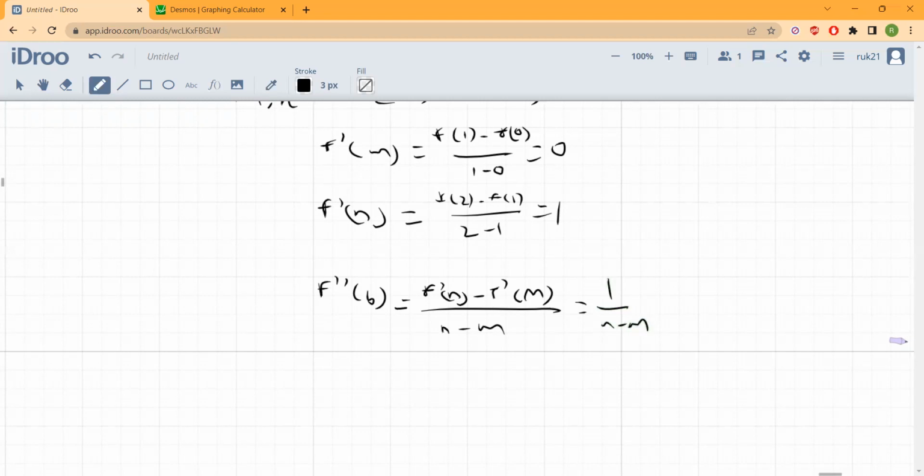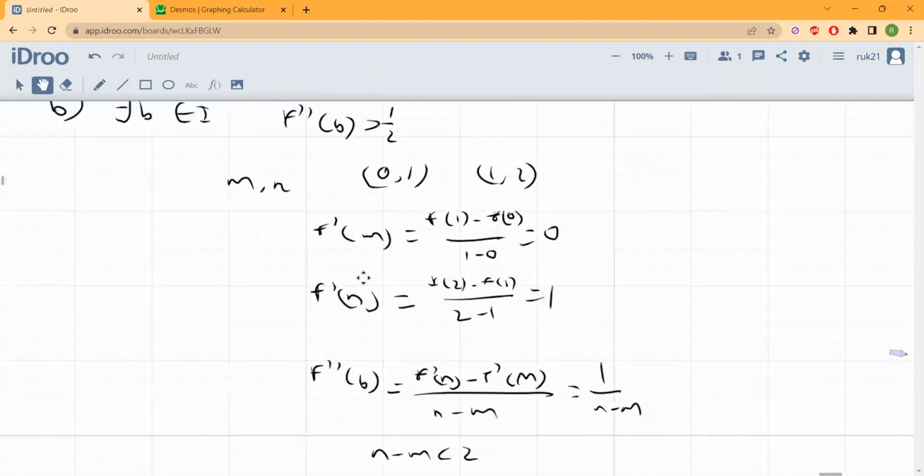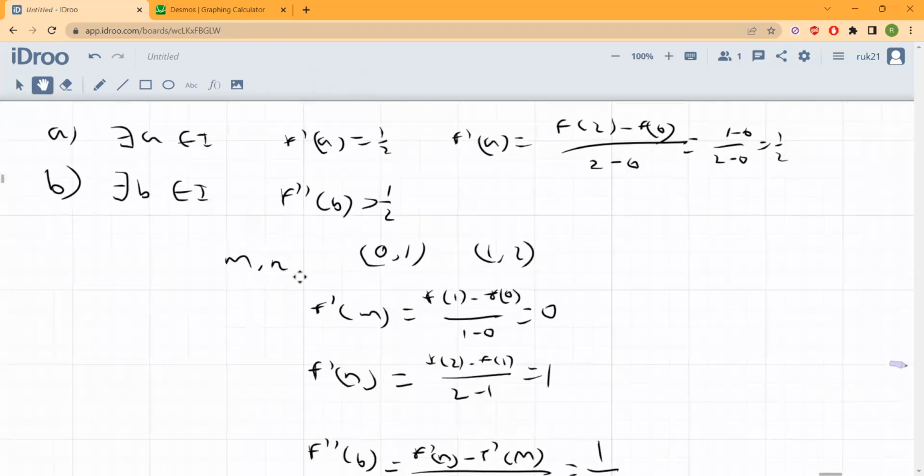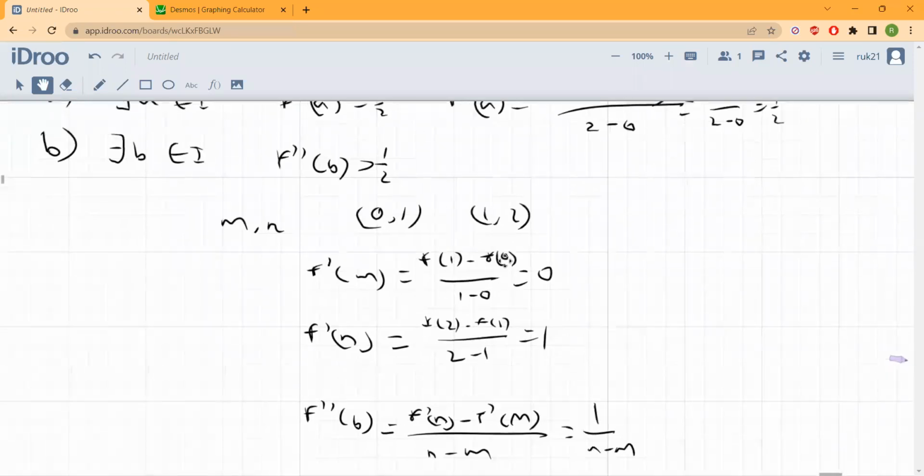Now, we know that N minus M is always smaller than 2. The reason is that N is smaller than 2 and M is in between 0 and 1. If this is in between 1 and 2, and this is in between 0 and 1, then the difference has to always be smaller than 2.